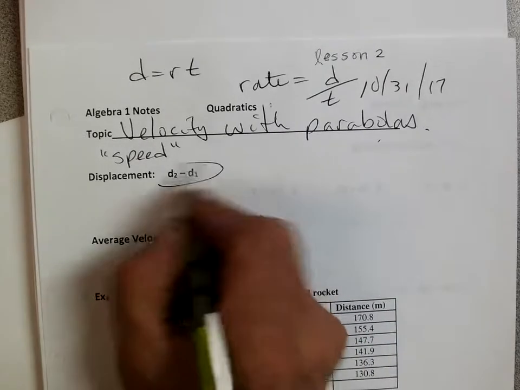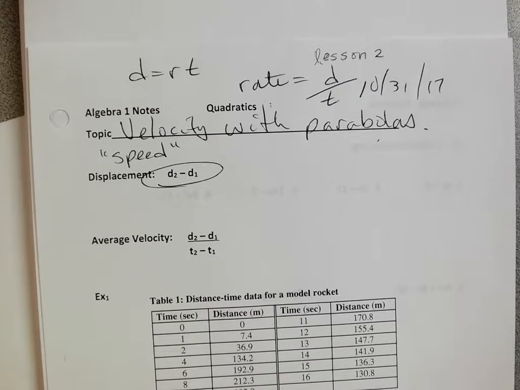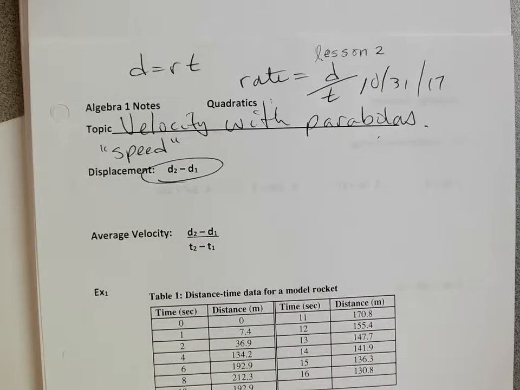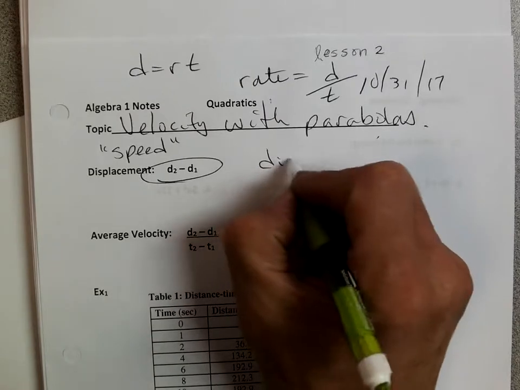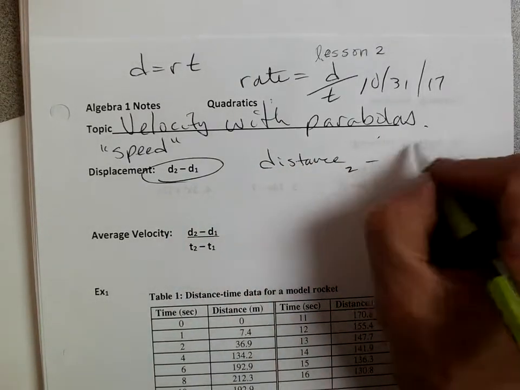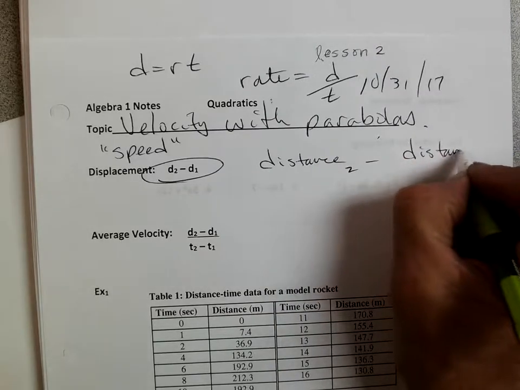So first, to get there, we have to talk about displacement. Displacement is just saying how far you went from point A to point B. Displacement is going to be distance 2 minus distance 1.